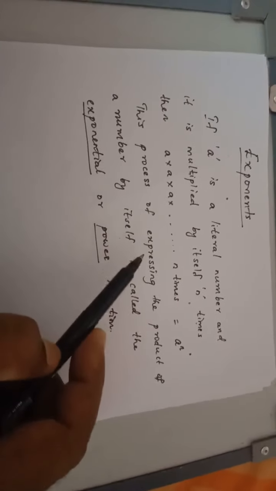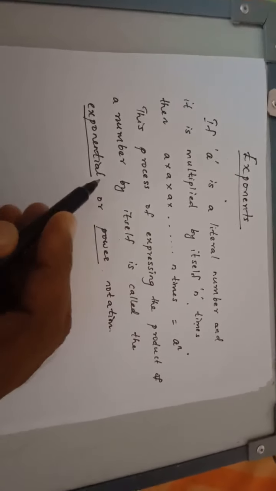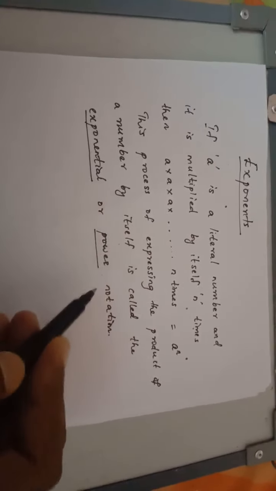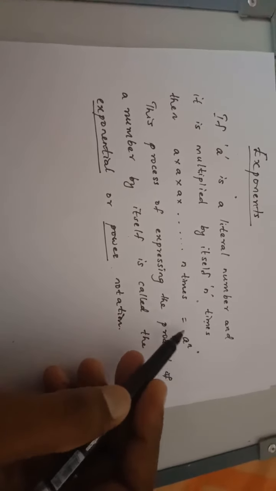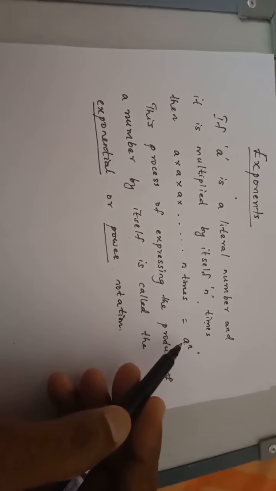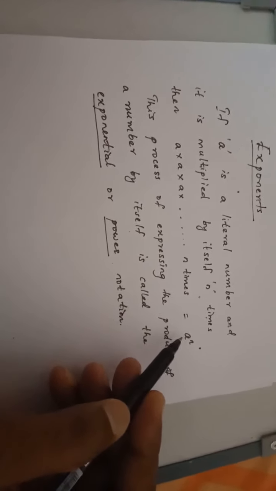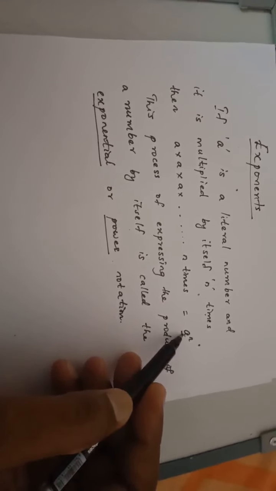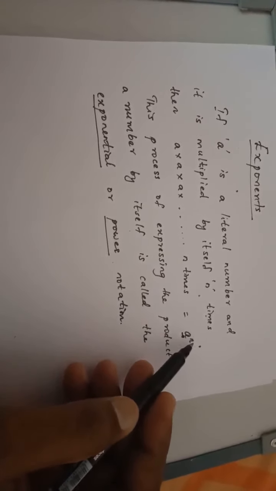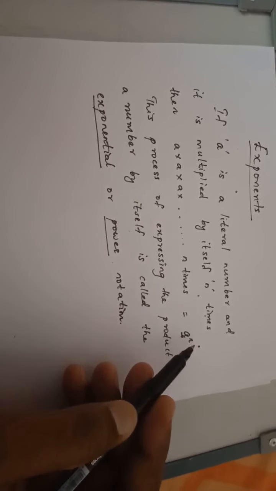This process of expressing the product of a number by itself is called exponential or power notation. In a to the power n, the literal number a is called the base and n is known as the power or exponent or index.